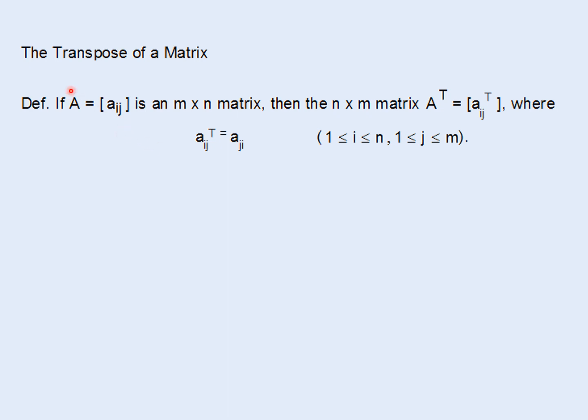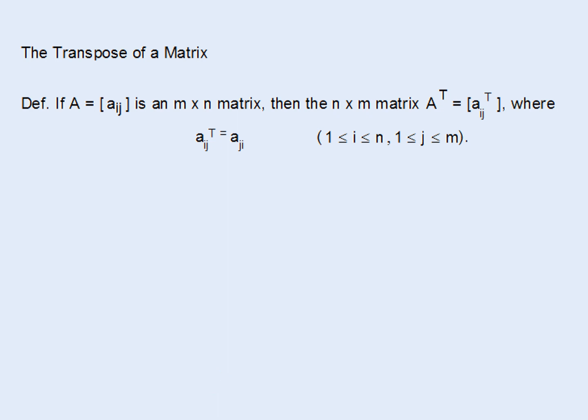Let us now define the transpose of a matrix. If A equals Aij is an m by n matrix, then the n by m matrix A transpose, equal to Aij transpose, where Aij transpose is equal to Aji for i from 1 to n and j from 1 to m.